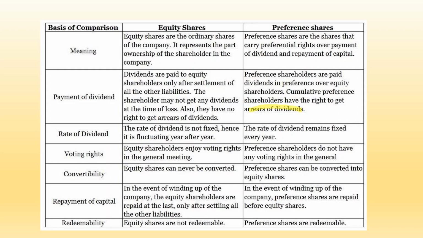But preference shares are paid before equity shares, even before other liabilities. Equity shares are paid after the preference shares. Redeemability: equity shares are not redeemable. Preference shares are redeemable.